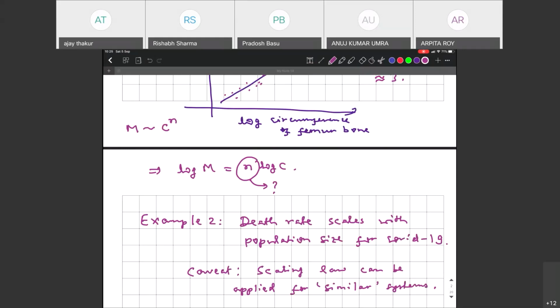Okay, so for example, when I say similar systems, say you are comparing human beings for a given scaling law, suppose their weight versus height, and you try to see whether that follows a scaling law or not.